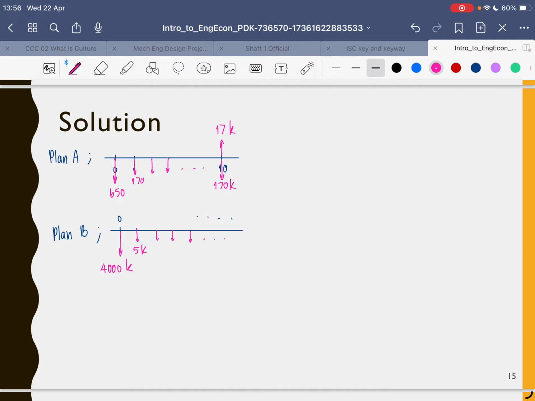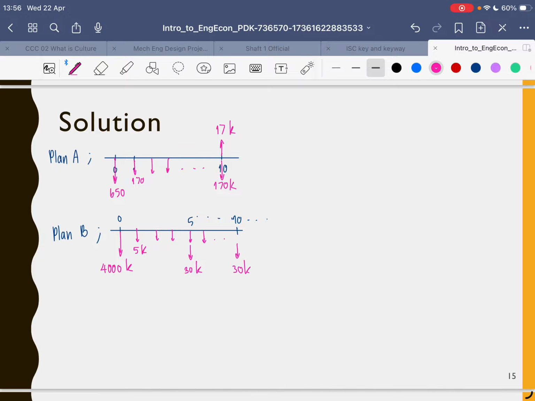And every 5 years, you will have an additional 30K for the repair cost. At year 5, at year 10, it's another 30K, and keep going. The picture can be something like this.